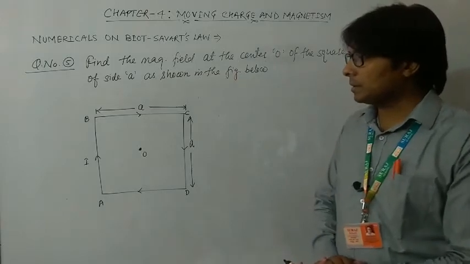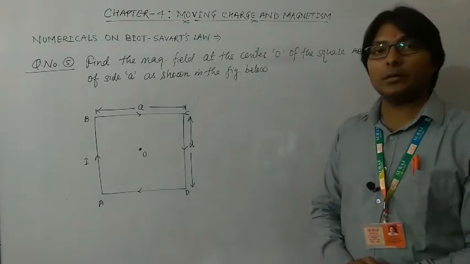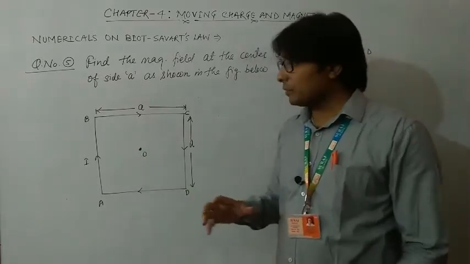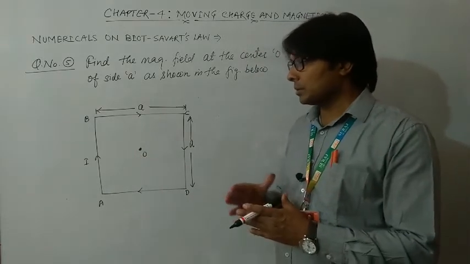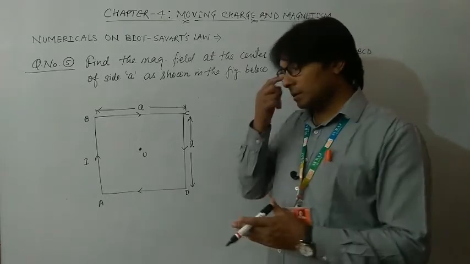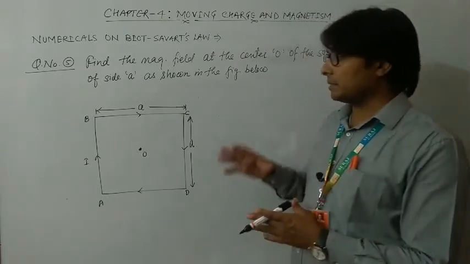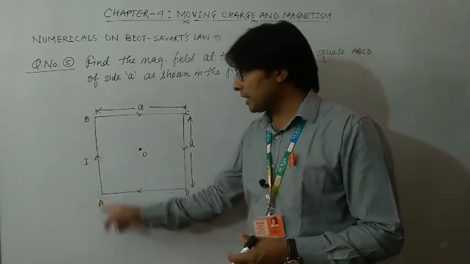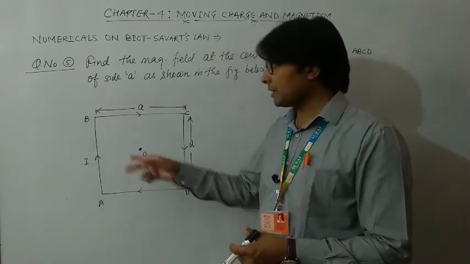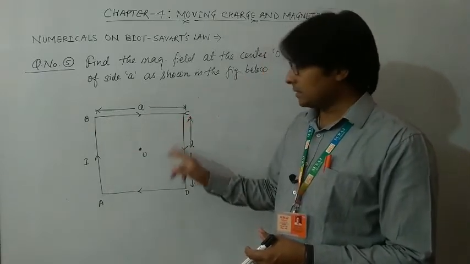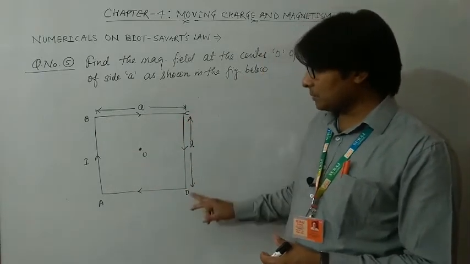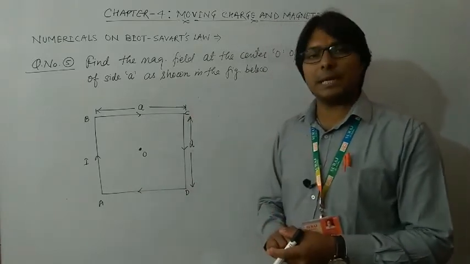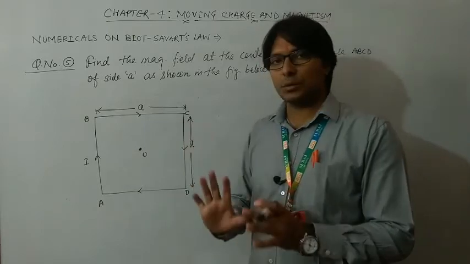So for determining the value of magnetic field at the center of this square, we will solve this question by parts. We will first find the value of magnetic field due to AB part at point O, thereafter due to BC part at point O, due to CD part and due to DA part, although these values will be the same because the diagram is symmetrical.